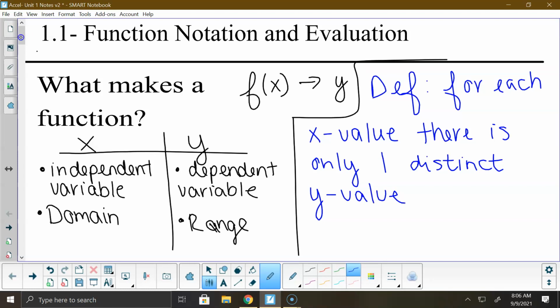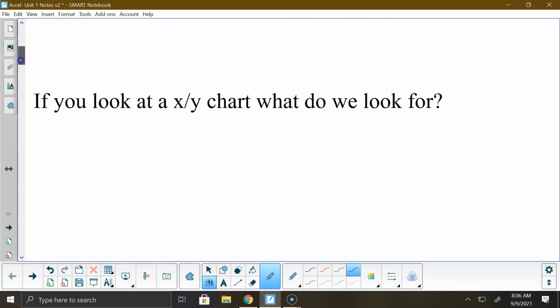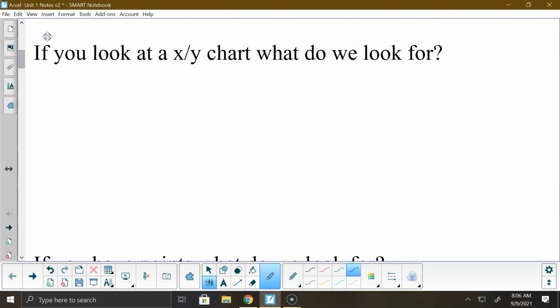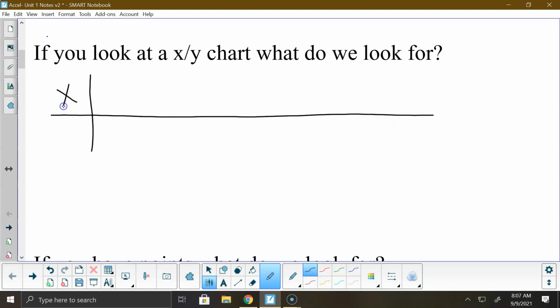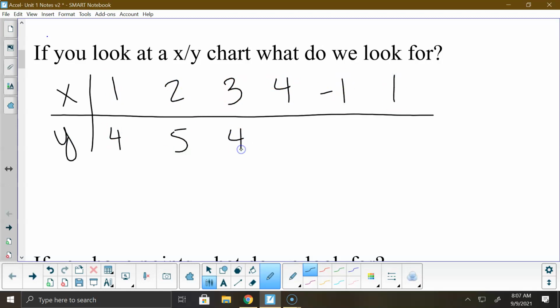So if you are given a table, an XY chart, what are you looking for? So let's just do a random XY chart. If you're doing this in your notes, I would put, when you have a table, and then I would draw the little table out.